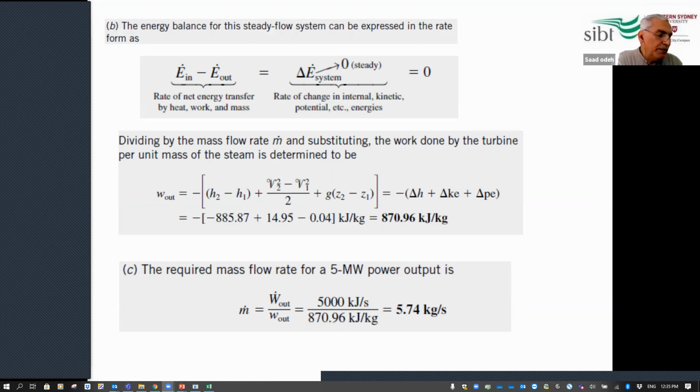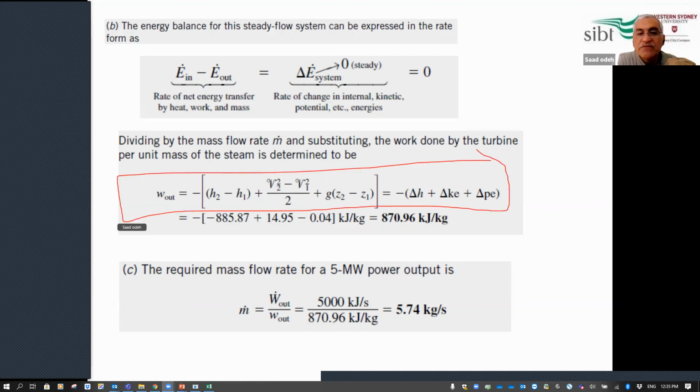So apply the energy equation that I mentioned before, remember? And we said we remove the terms that are not applicable. So which part from this equation have I removed? Can you see this equation? Which one have I removed?